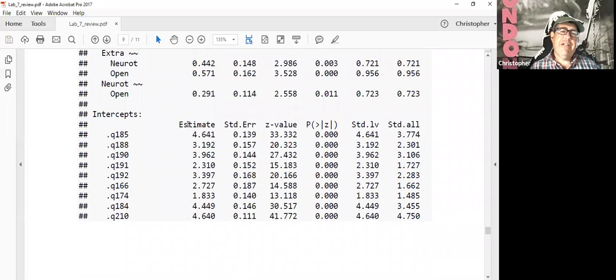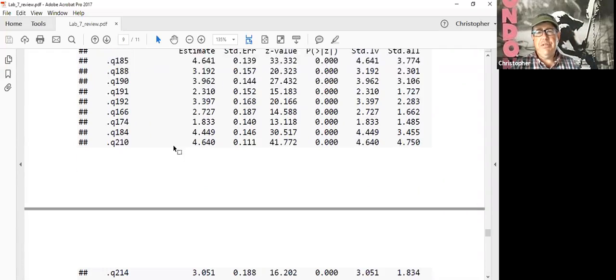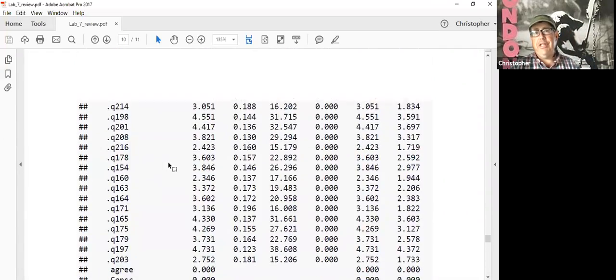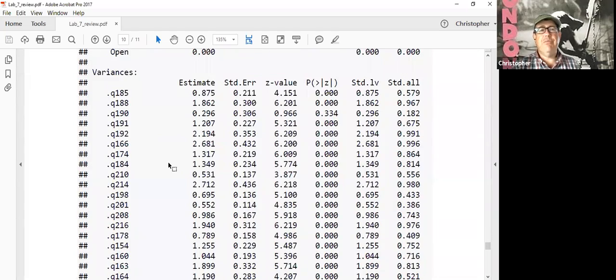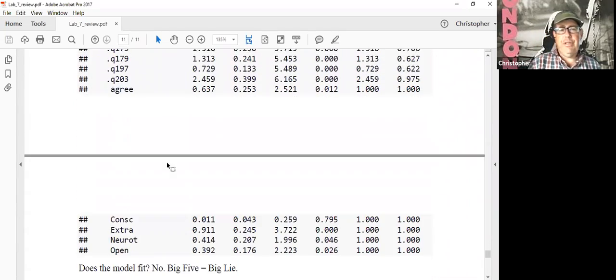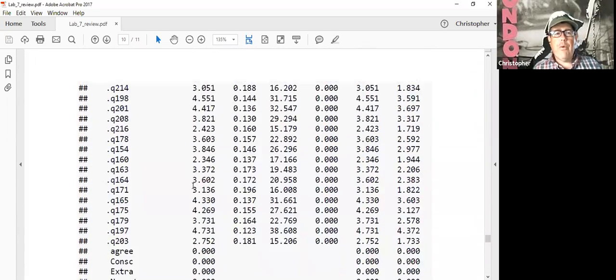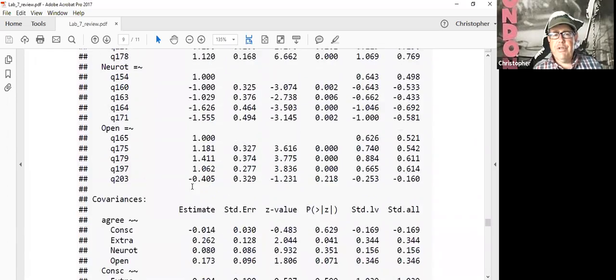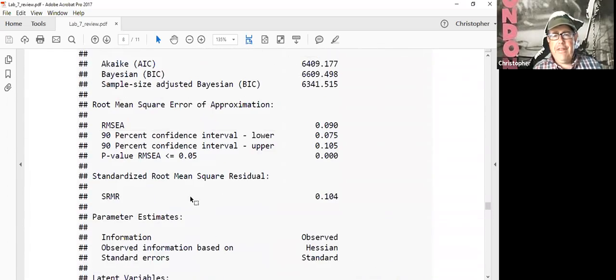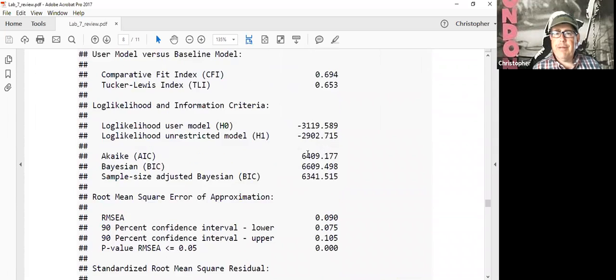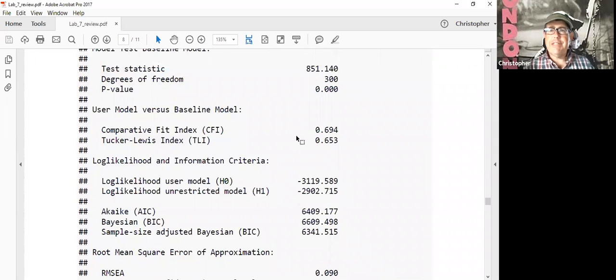All right, other stuff you'll see here, the intercepts, don't really need to interpret those. There's a lot of them. You'll see variances as well, a lot of them, don't really need to deal with that. You get a lot of output here, so it's really important to know what we're looking for. Just to review, these model fit statistics are probably your first place to look.